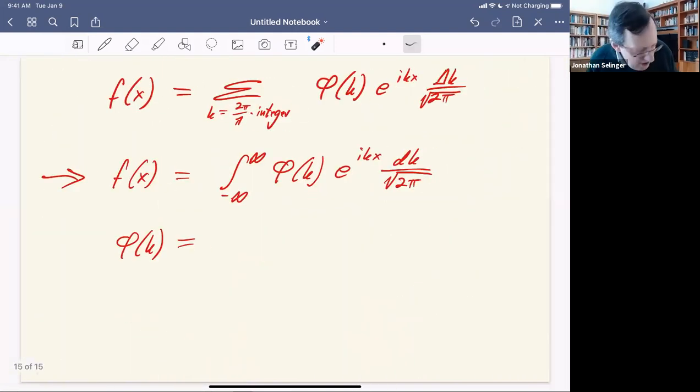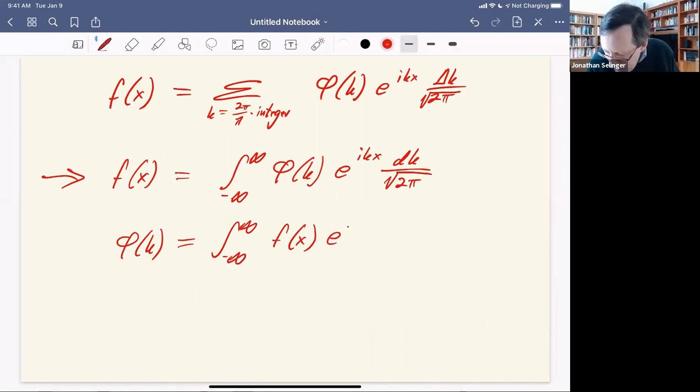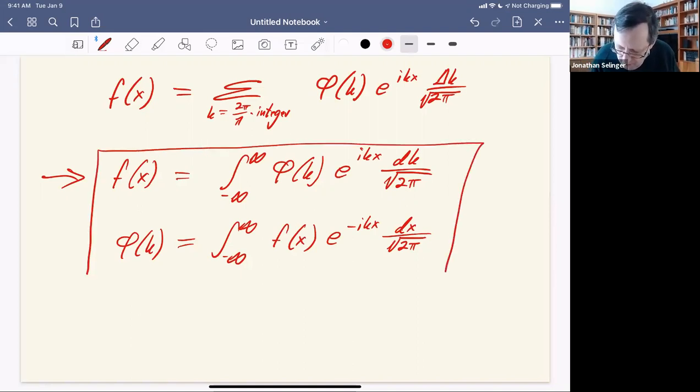So that tells us then that phi of k is an integral of f of x e to the minus ikx dx over square root of 2 pi. Okay, so these are our equations for doing a Fourier transformation.